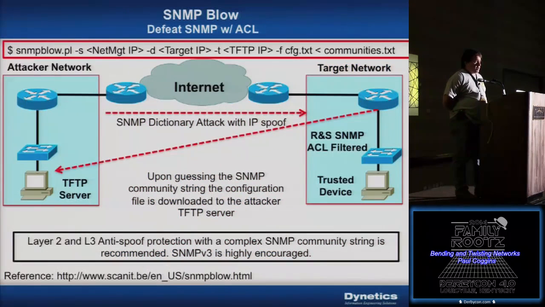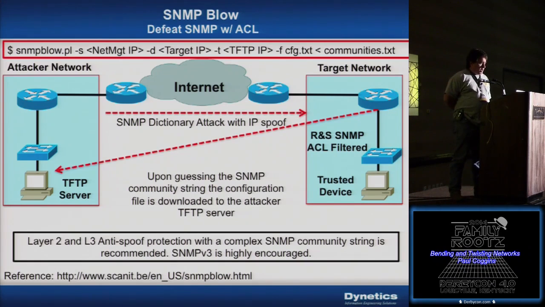So to kick this thing off, let's talk about how you might initially get access to someone's network infrastructure. One way is you could use SNMP brute-forcing. Say that you've built up a dictionary of passwords customized for a target organization based on the intel that you've gathered on them.